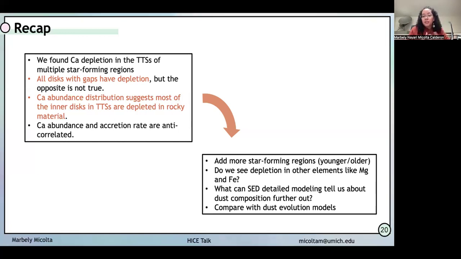What will happen with magnesium and iron? Can we say something about them? And what can the SED detailed modeling tell us about the dust composition further out? And compare this with the dust evolution models. So this is kind of the direction where I'm going.